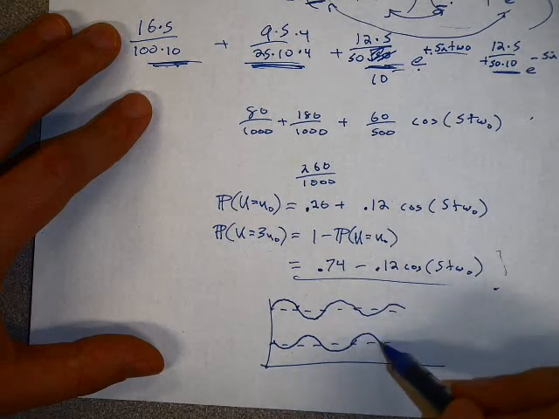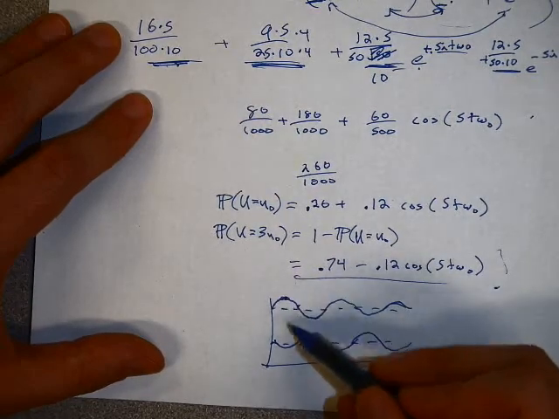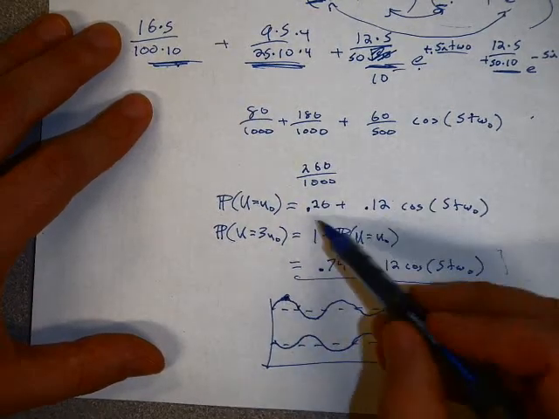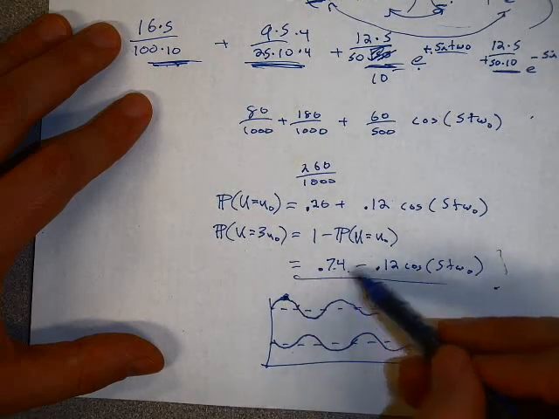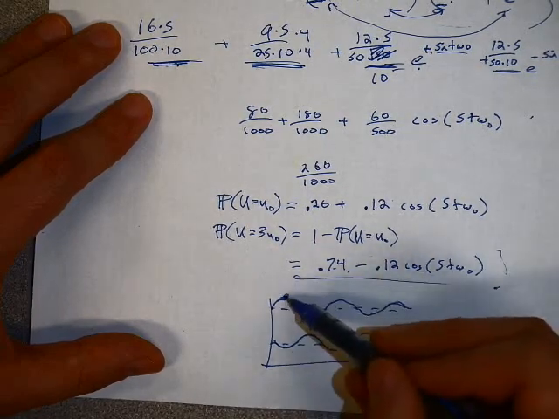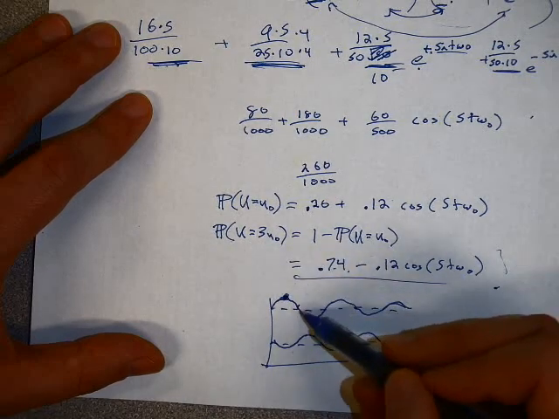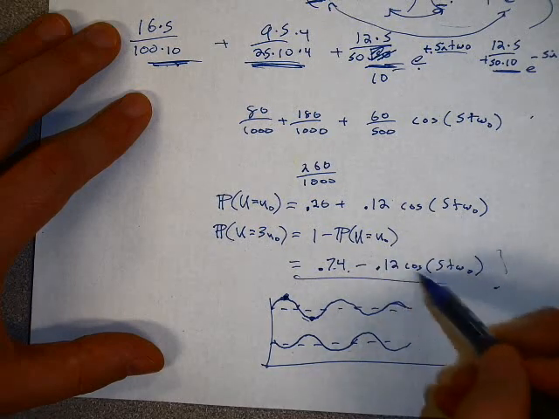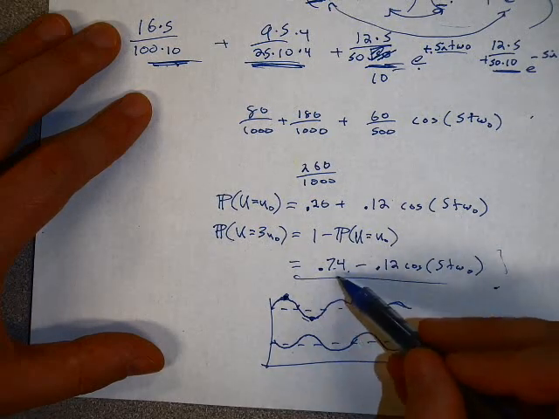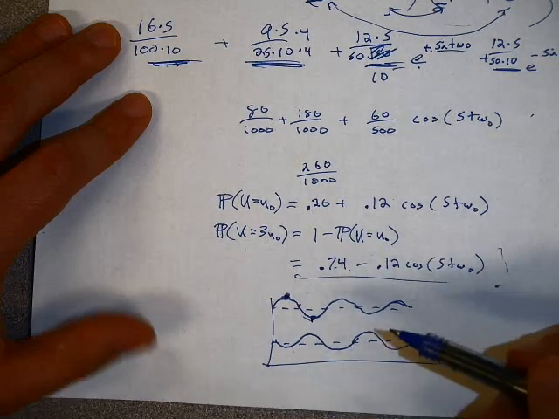And so this is what would happen as time goes by. So there are some times when you measure it and you're most likely, not 100%, but 0.74 plus 0.12, so 86% chance of finding 3u naught. And then other times when it's 0.74 minus 0.12, there's other times when it's only 62% chance of finding that, right?